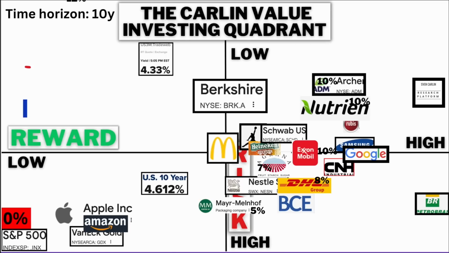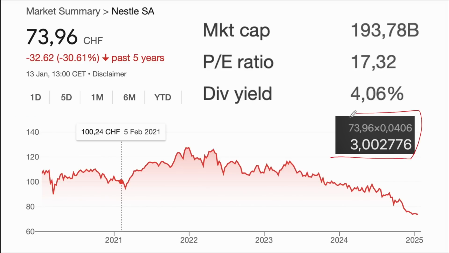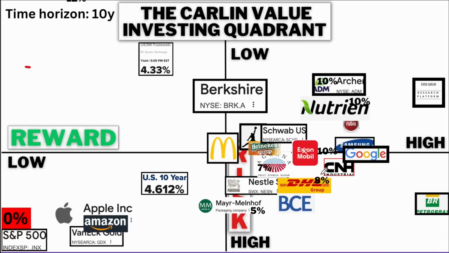Alright, we have then Nestle, we have the input here, 3 Swiss francs for a dividend, higher dividend yield, which will make it also interesting to compare to others. Let's immediately also take Nike here.